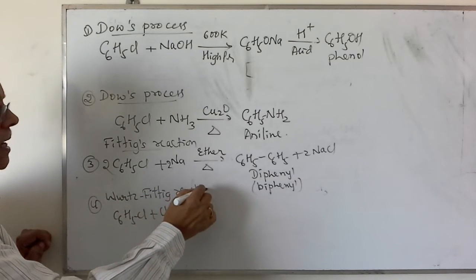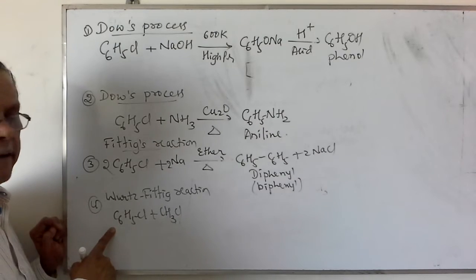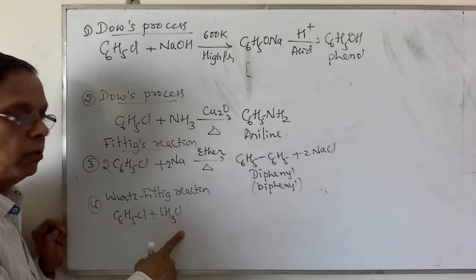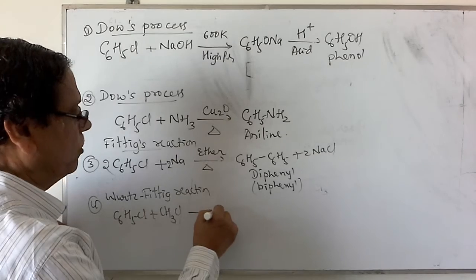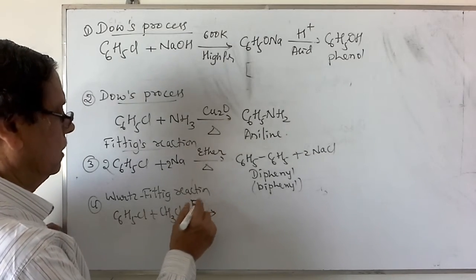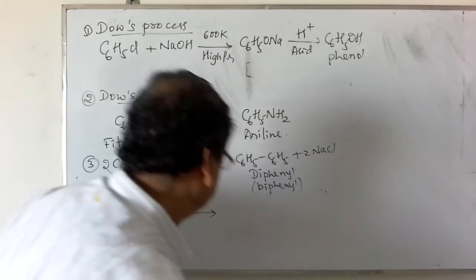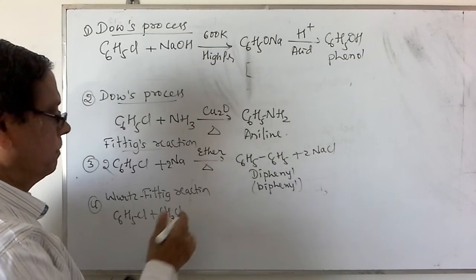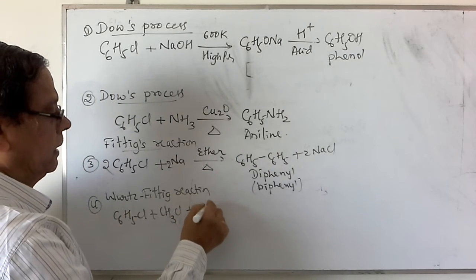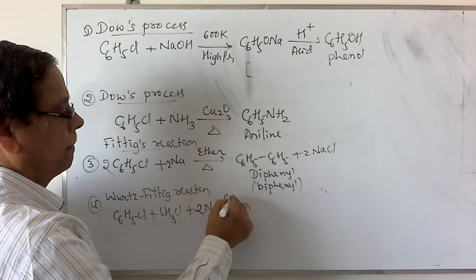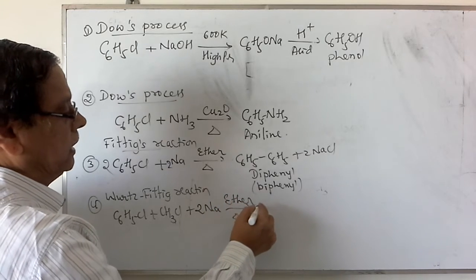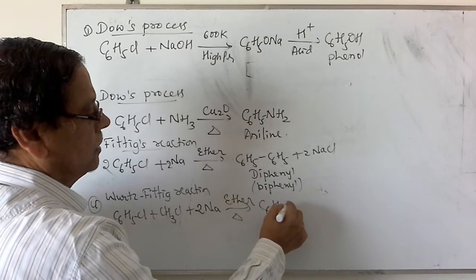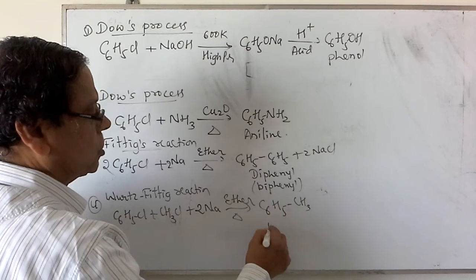In this Wurtz-Fittig reaction, when you take C6H5Cl with any alkyl halide like methyl chloride, again the reaction is carried out in presence of sodium in dry ether. It gives rise to C6H5CH3. This is toluene.